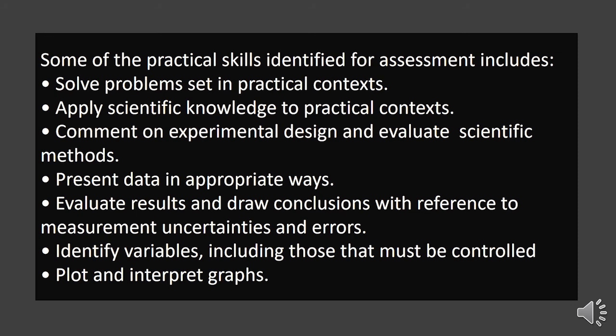Some of the practical skills identified for assessment are to solve problems set in a particular context, to apply scientific knowledge to practical context, to comment on experimental design and evaluate scientific methods, to present data in appropriate ways, to evaluate results and draw conclusions with reference to measurement, uncertainties and errors, identify variables including those that must be controlled, and plot and interpret the graphs. Okay, so these are some of the practical skills that are identified over this course of 2 years which will be assessed.